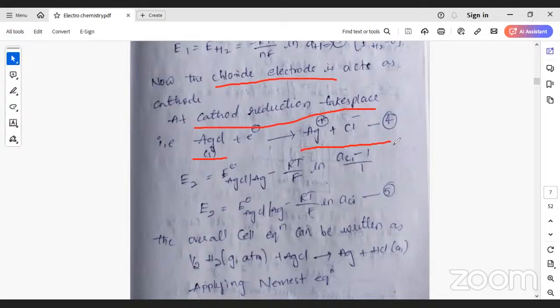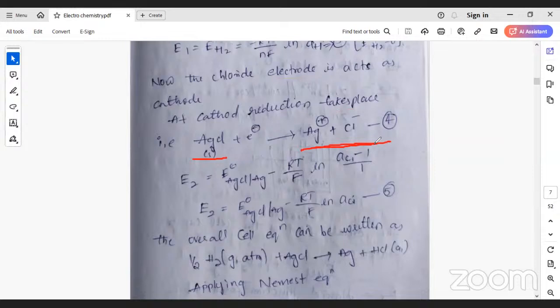One electrode is losing electrons, the other electrode is gaining those electrons. Here the hydrogen electrode is losing one electron, the silver electrode is gaining that electron. So silver chloride gains that electron and is converted to Ag plus Cl minus.